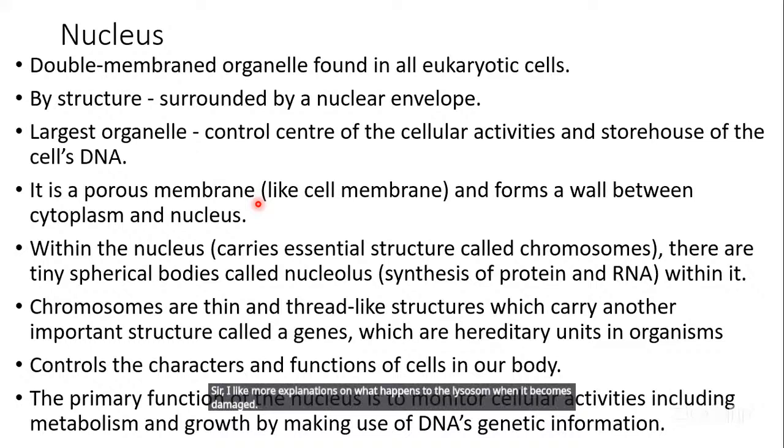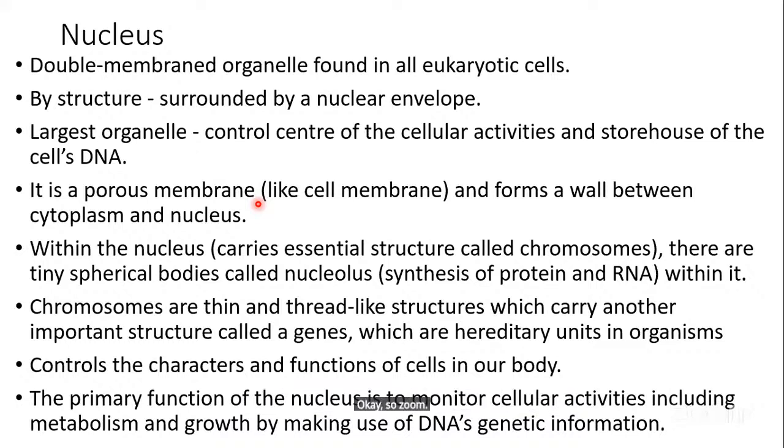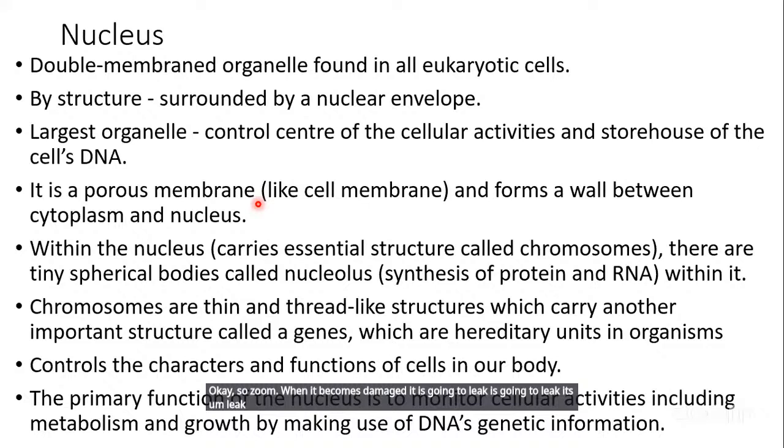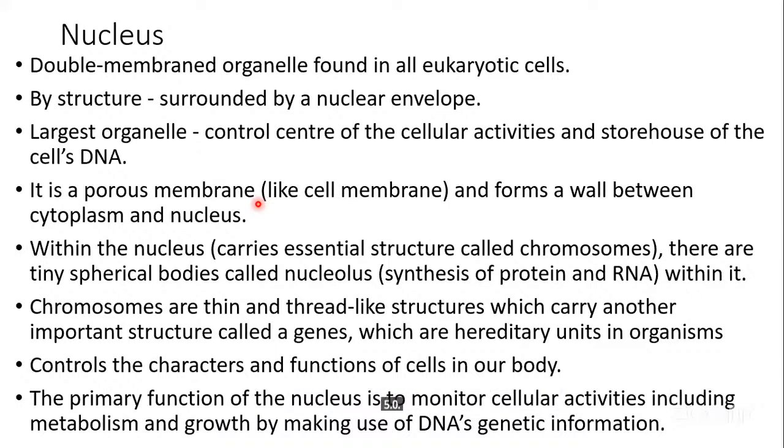Okay, yeah. When a lysosome becomes damaged, it is going to leak its contents, which are hydrolytic enzymes, into the cytoplasm. But those hydrolytic enzymes function best at an optimal pH of 5.0, while the pH of the cytoplasm is 7.2.